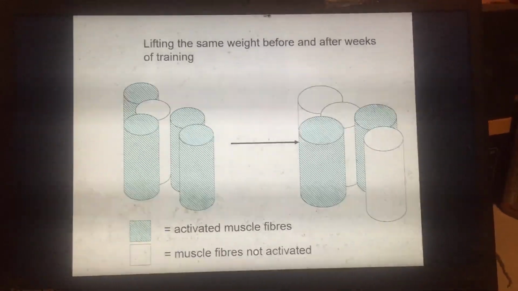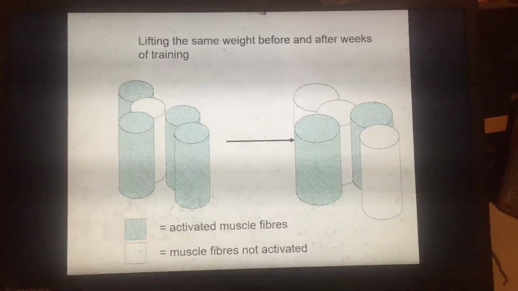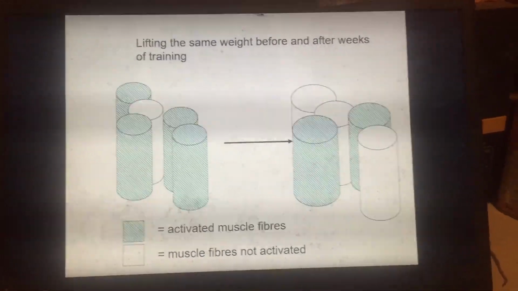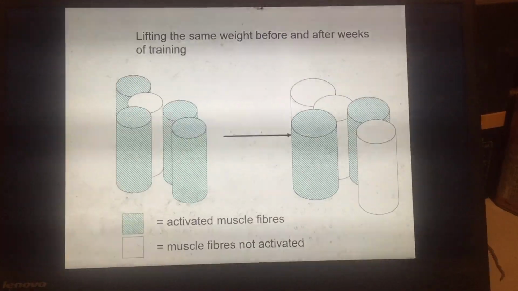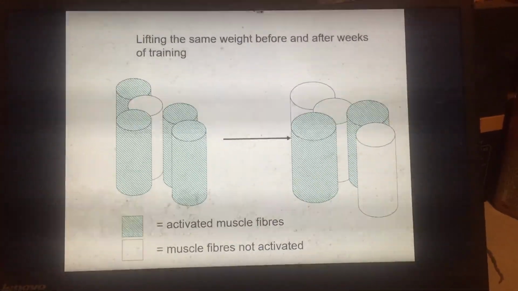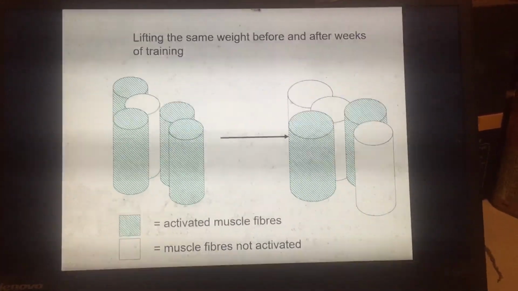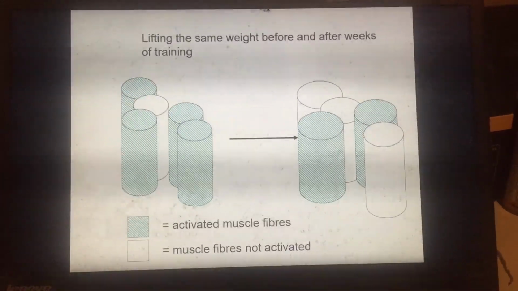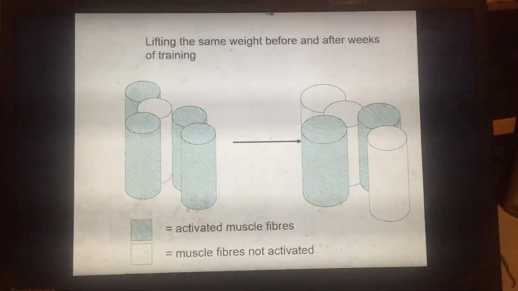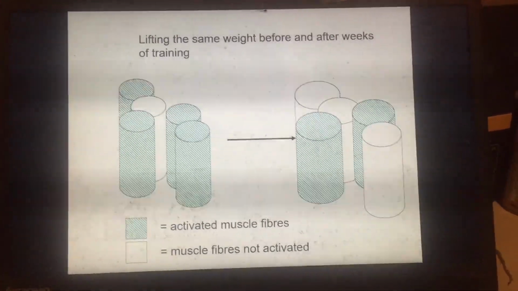The activated muscle fibers are represented by the striped muscle fibers, and you can see on the right-hand side, you have less activation of muscle fibers if you're lifting the same load after weeks of training. So this is why it's important to keep increasing the load that you're lifting or make it more difficult, to increase your motor unit recruitment.